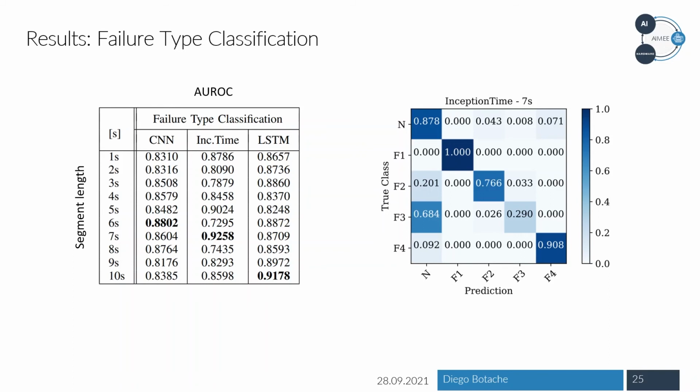But we noted that the time series data acquired at the test stand also contain some data with a different load machine. So this was a very critical aspect, because after separating these two datasets from the two different load machines, we could see an increase in the performance of the detection of failure type number 3.